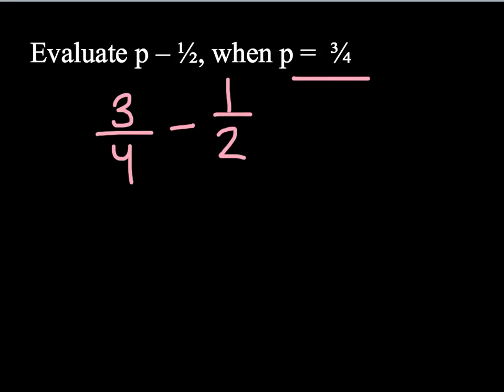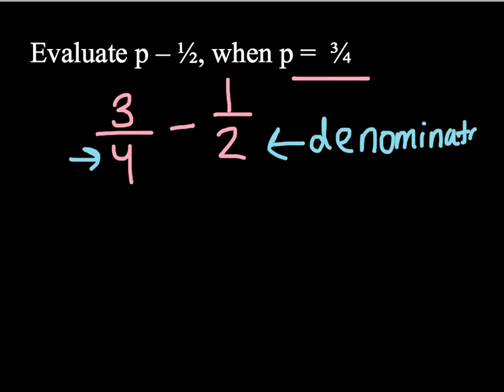First, you make a common denominator. Our denominators here are the 4 and the 2. So we find a common denominator, and since 4 is a multiple of both 2 and 4, our common denominator is going to be 4.